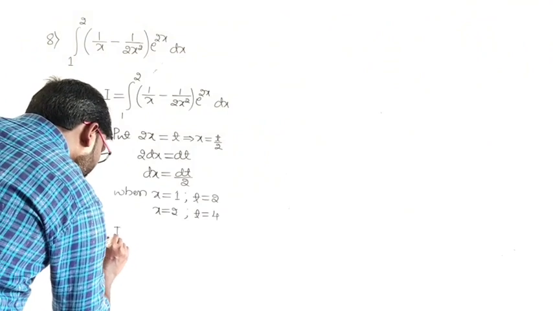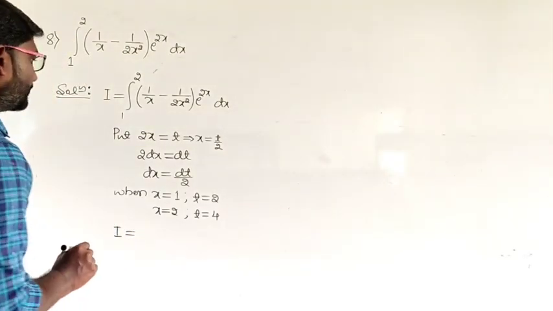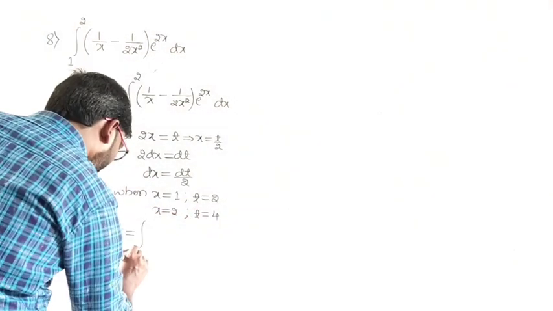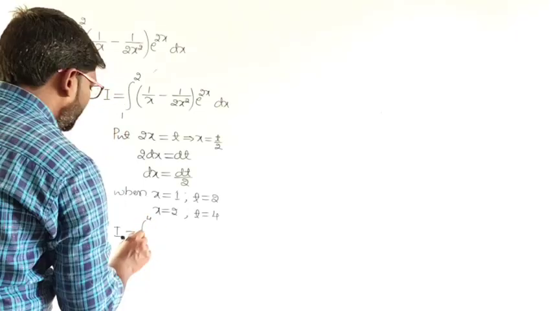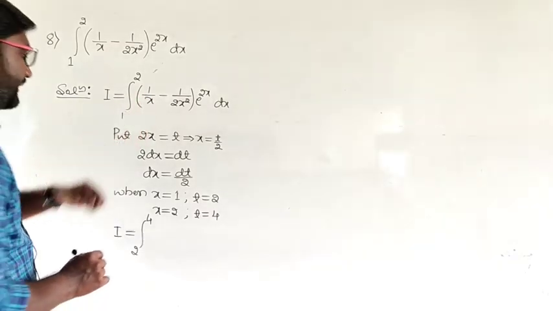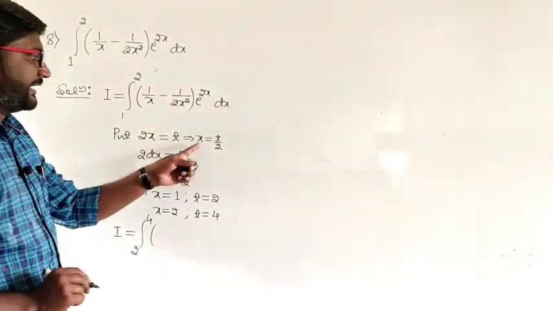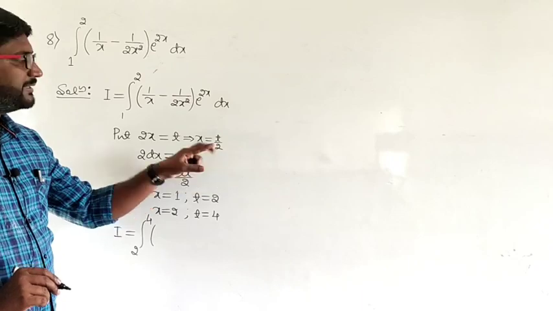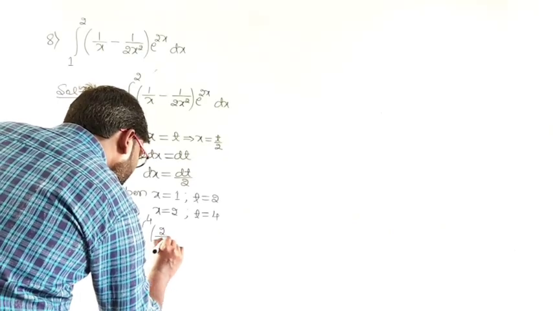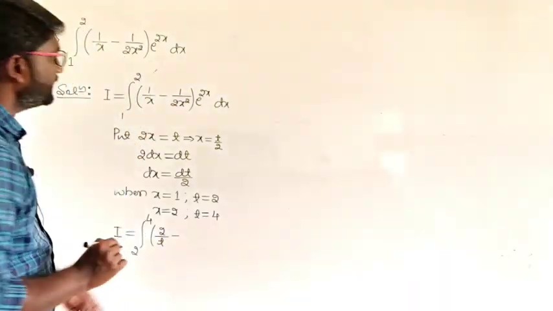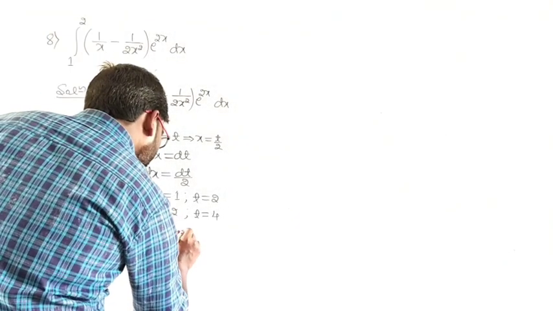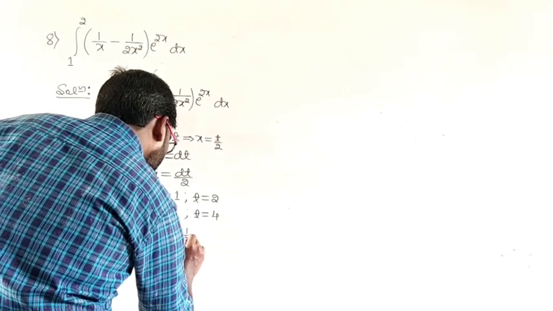I is equal to the integral, the new limits are 2 to 4, of 1 by x here. So x is equal to t by 2. 1 by x means we have to take the reciprocal. It becomes 2 by t. 2 by t minus here 1 by 2, I write it as it is.